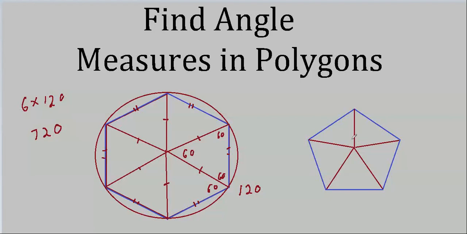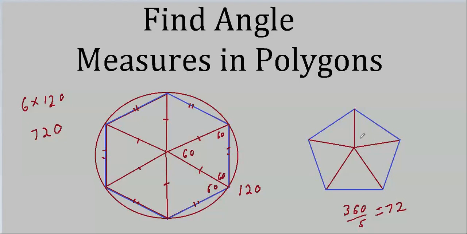And what would the measure of these be? Well, let's see here, 1, 2, 3, 4, we've got 5, and it has to add up to 360. So for this one, we just take 360 and divide it by 5. I think that's 72, isn't it? I hope so.